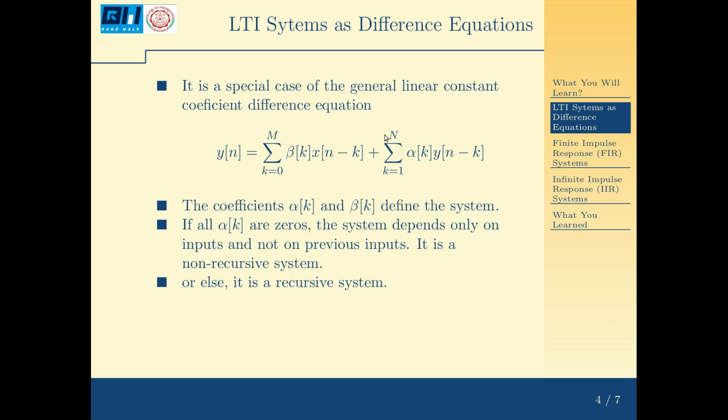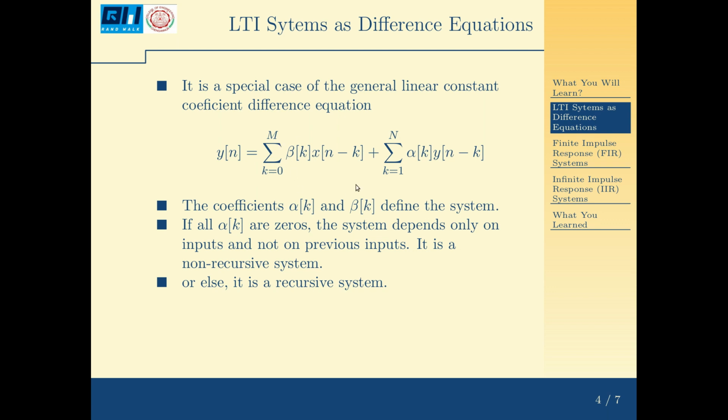Whereas if you look into the second term, it shows the dependence of the present output on past outputs. You can see that this summation is from k equal to 1 to N, because k equal to 0 corresponds to y[n]. So this is alpha 1 y[n minus 1] plus alpha 2 y[n minus 2] plus etc., up to N terms. So it depends on N past outputs, the present input and M past inputs.